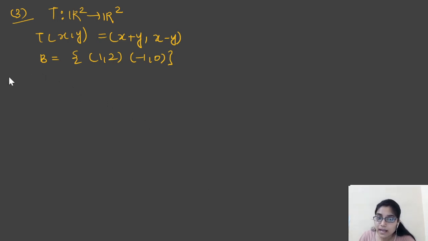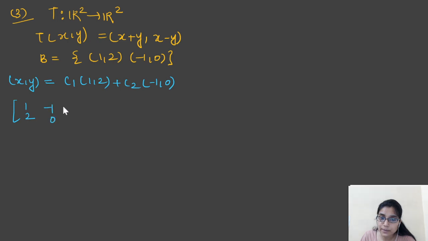Okay, so as I have told you, you can take a general member of R2 and write it down as a linear combination of the basis members, because we don't want to solve the system twice. So this is c1 times (1, 2) plus c2 times (minus 1, 0) equals (x, y). You will get 2c1 equal to y, that is c1 equals y by 2, and c1 minus c2 equal to x.